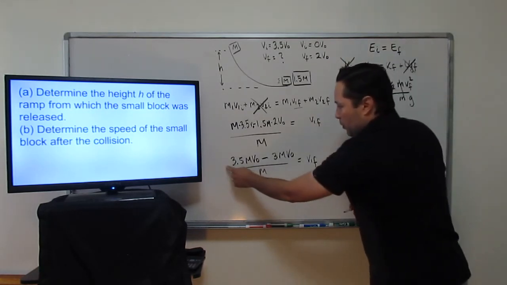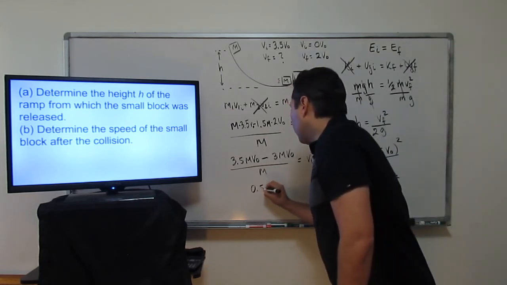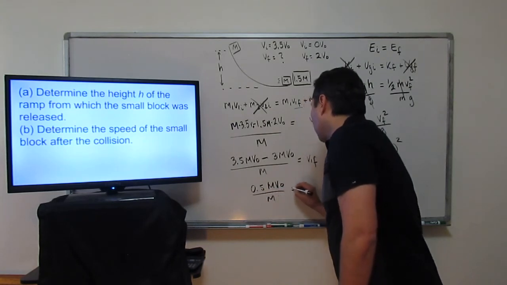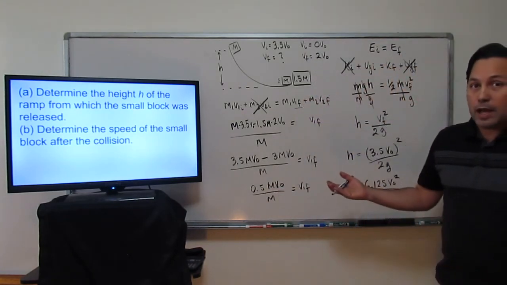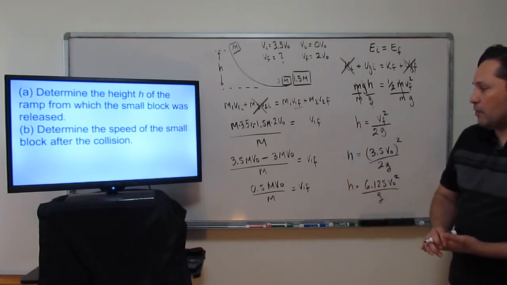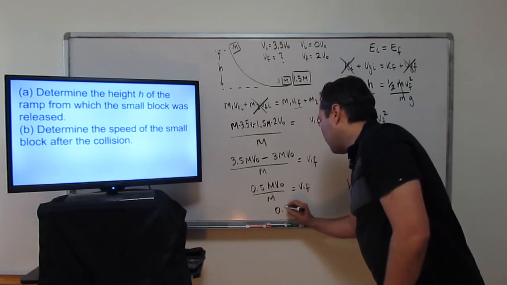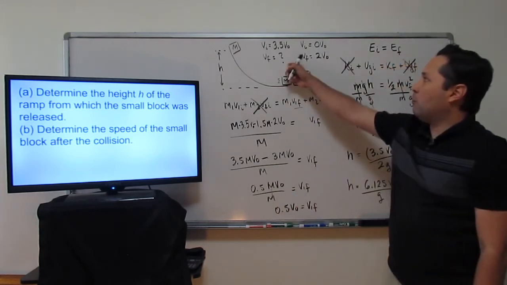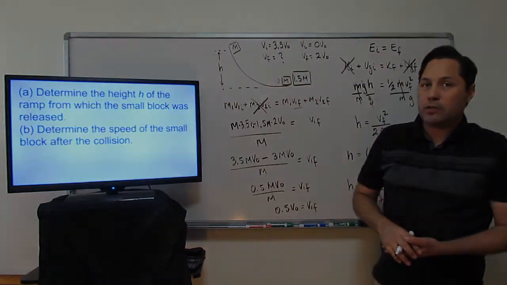Sure, 3.5 minus 3 gives us 0.5 MVO over M. One last step: can we simplify it even further? Yeah, we can get rid of the M's. So the velocity final of our first object is actually 0.5 VO. So 0.5 VO was the final answer.